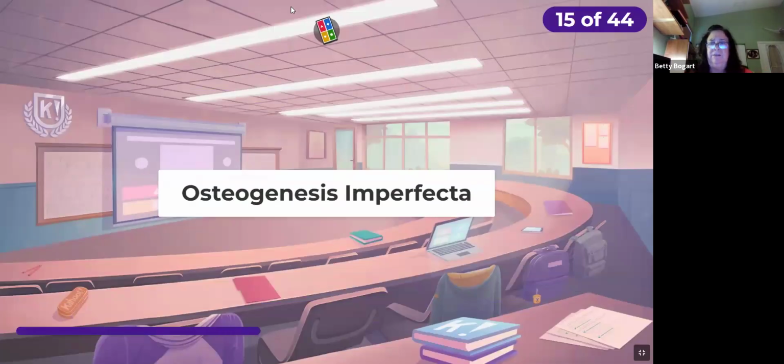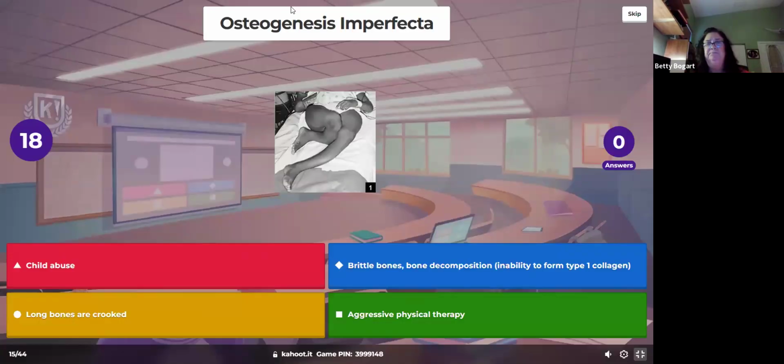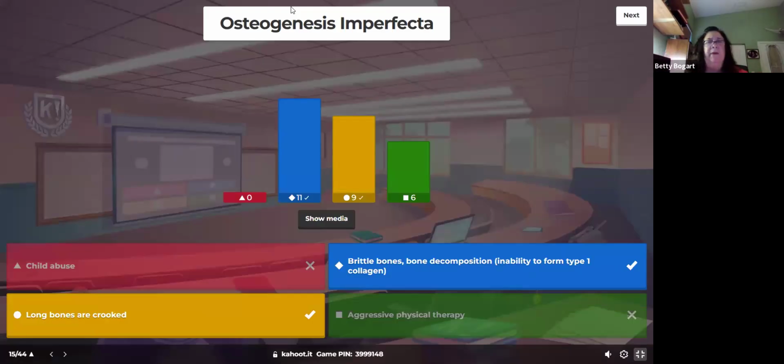Multi. Osteogenesis imperfecta. You know, one of the things with osteogenesis imperfecta, I've actually seen some documentaries where some parents were almost arrested and accused of child abuse because they didn't know it was osteogenesis imperfecta.